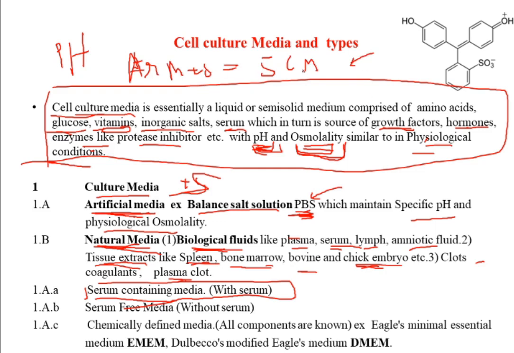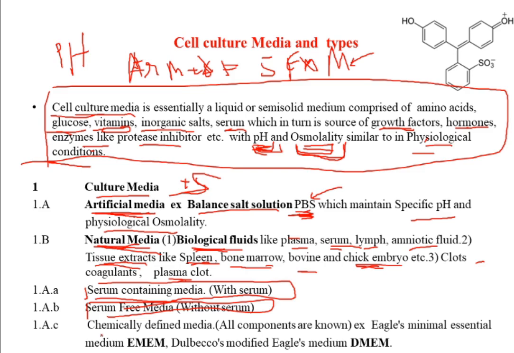The serum, like I said, we don't know the 100% ingredient of serum, but we know it supports the growth. So we add it. So serum containing media. Serum free media, similar. The artificial media which does not have serum becomes a serum free media. Serum free media. Chemically defined.